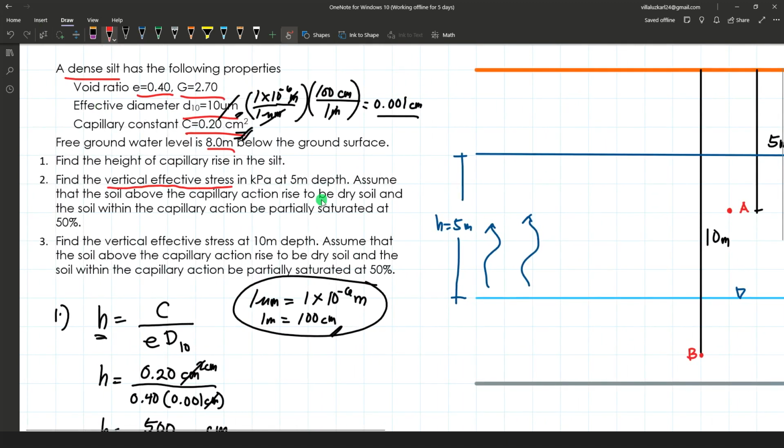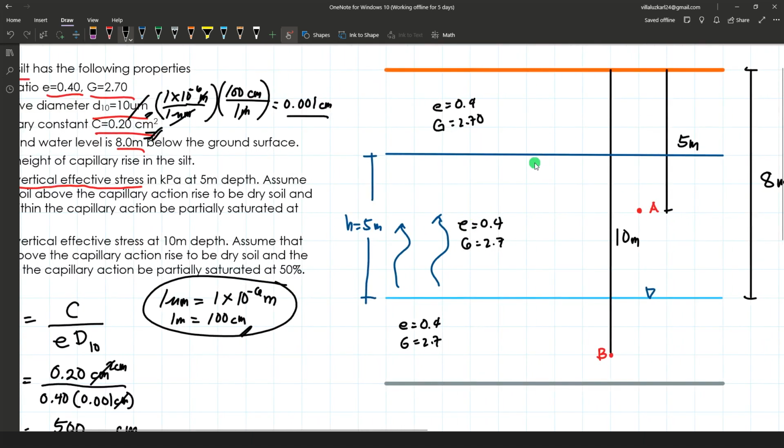So let's rewrite the given void ratio and specific gravity for each layer. We have e here 0.4 and G 2.7. It is the same for this partially saturated layer due to capillary action. So 0.4, G 2.7, e 0.4, G 2.7.